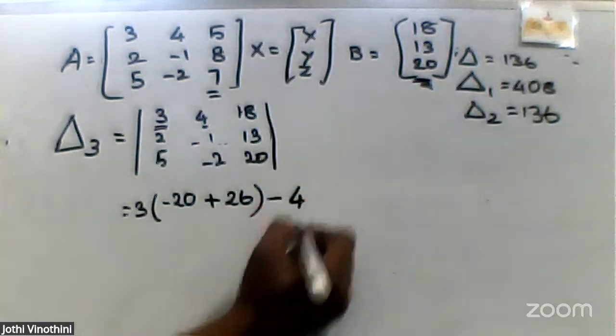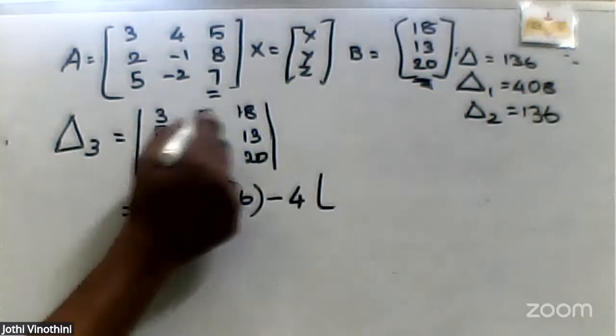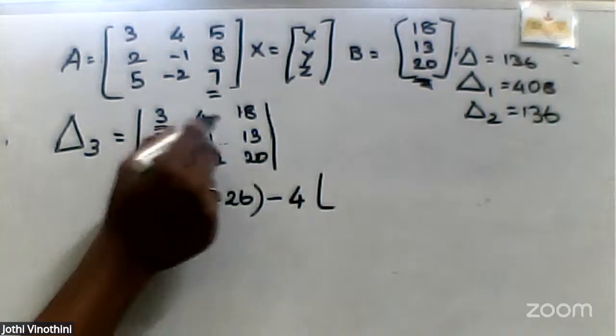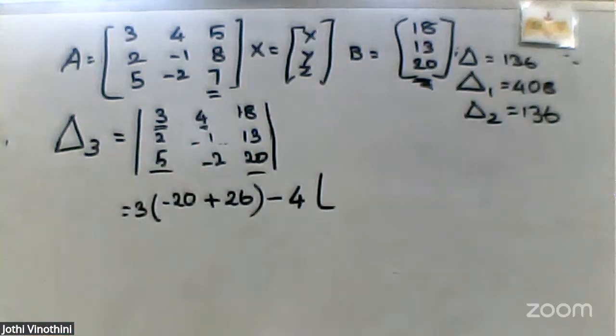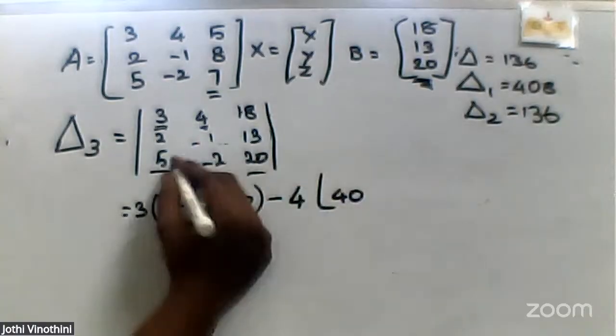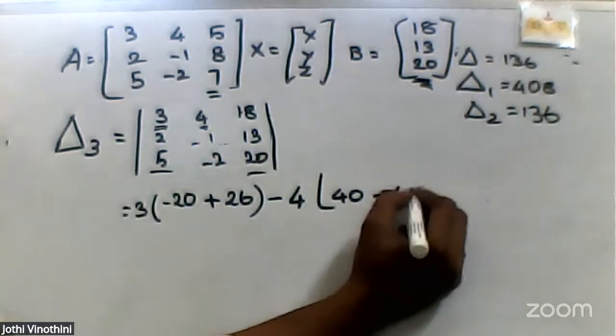So what we have here is 4. While doing for 4, we have to leave this row and this column. What is remaining? Here and here. So 2 into 20 is 40. While doing upwards, we have to put a minus. So 13 into 5 is 65.